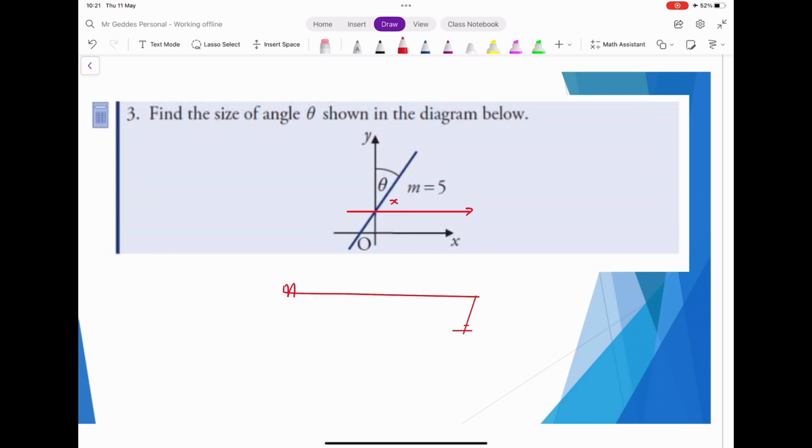So we're going to do m equals tan theta, but this time we're going to have to use it in reverse, remember. We'll have to do tan x, I suppose, this time if we want to find x, and then we'll find theta.